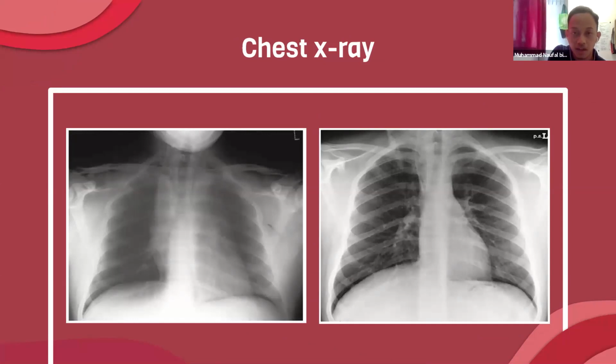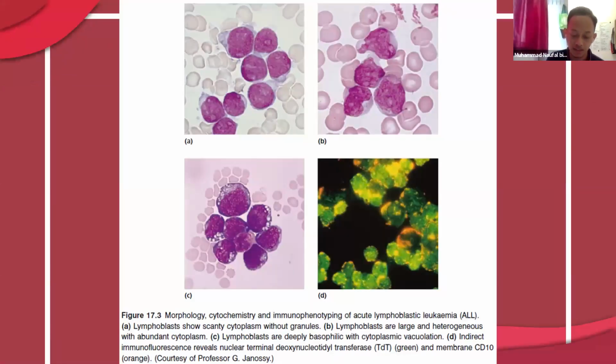Okay, this is the bone marrow examination. We can look at the morphology and the cytochemistry of the acute lymphoblastic leukemia. For the first one, there is lymphoblast showing scanty cytoplasm without granules.